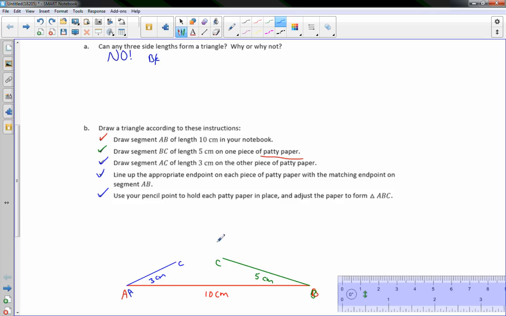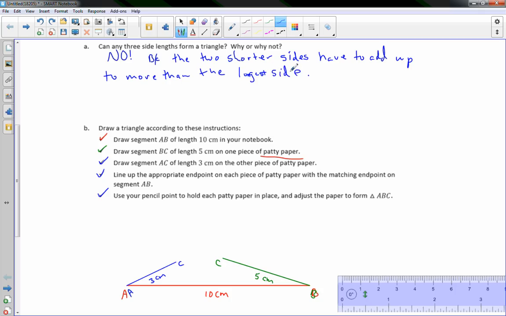Because the two shorter sides have to add up to more than the longest side. Okay, 3 plus 5 is 8. 8 is less than 10. They will not reach. Okay?